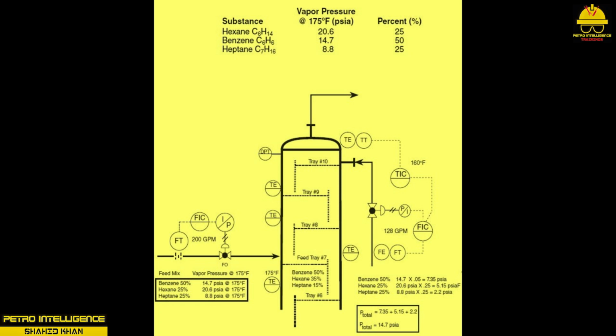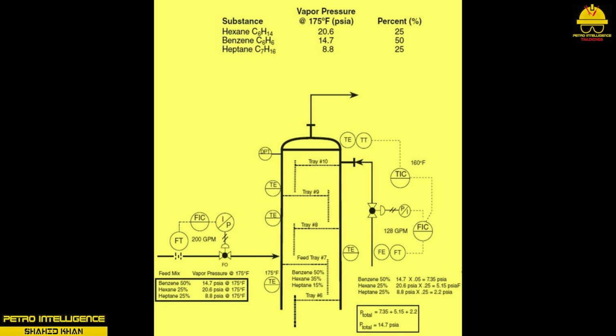To see Dalton's law applied, here are some examples. A mixture of 25% hexane, 50% benzene and 25% heptane will exert a predictable pressure at 175 degrees Fahrenheit. To calculate partial pressures, use the formula: partial pressure equals vapor pressure times percent of fraction.